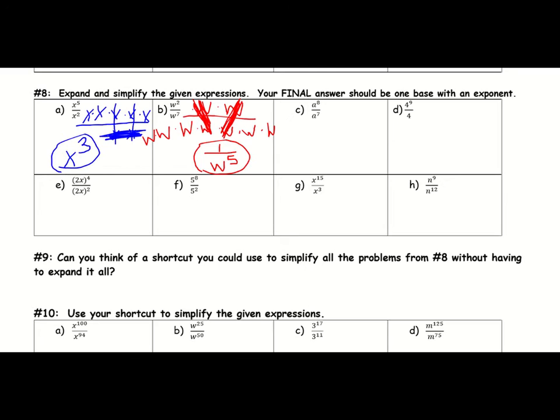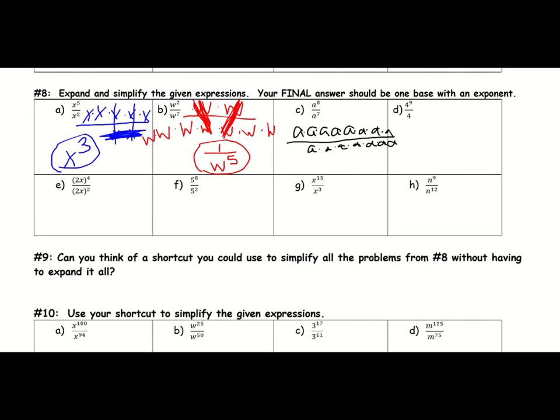Let's take a look at one more. Letter C. We've got a to the 8th over a to the 7th. So that would be 1, 2, 3, 4, 5, 6, 7, 8 a's on top being multiplied together. And on the bottom, 1, 2, 3, 4, 5, 6, 7 a's on the bottom being multiplied.